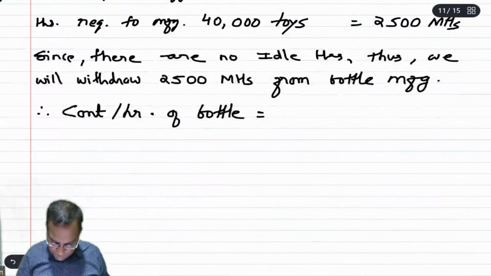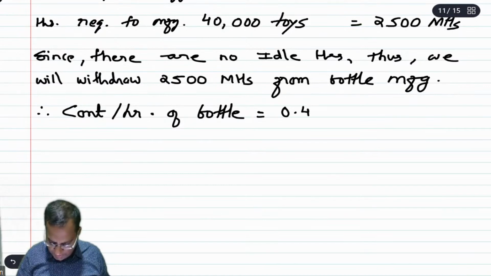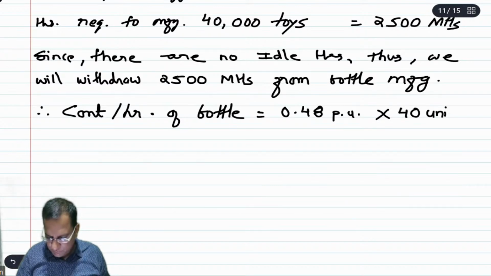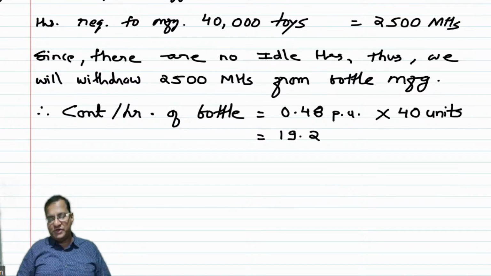So the contribution per bottle is 0.48 per unit multiplied by 40 units per hour. So it will be 19.2 per hour of contribution. So by allocating the hours to our existing product, that is bottle manufacturing, we are earning 19.2 rupees towards contribution.